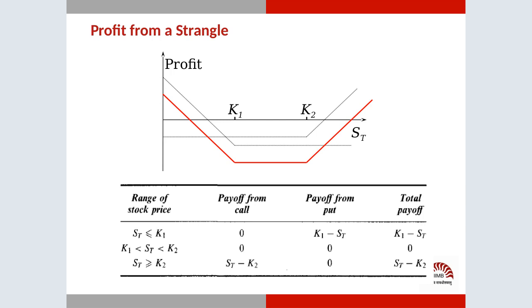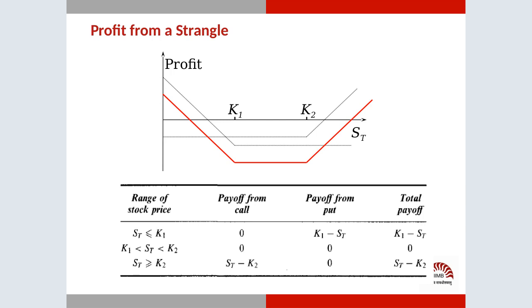On the other hand, if I am absolutely certain that the asset price will not move, it will remain range bound, then instead of going long straddle or long strangle, I should go short straddle or short strangle, which basically means I should sell the call option and the put option exactly at the same strike price and earn the premium.